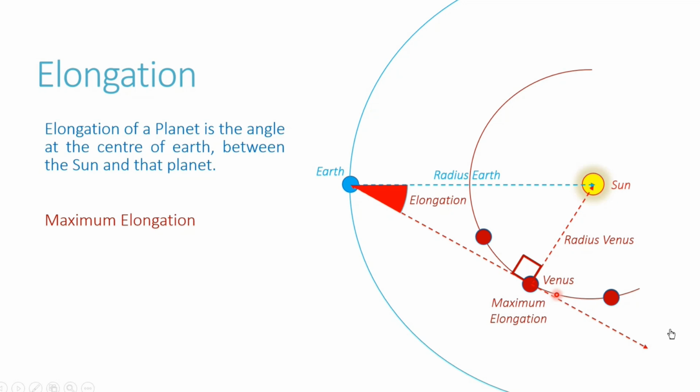To be in quadrature, the angle at the center of the Earth, or the elongation, has to be 90 degrees, which is not possible in this particular case. So opposition and quadrature can only be attained by exterior planets whose radius is greater than the radius of the Earth. And for inferior planets like Mercury and Venus, whose radius is less than the radius of the Earth, they can never be in quadrature and in opposition.